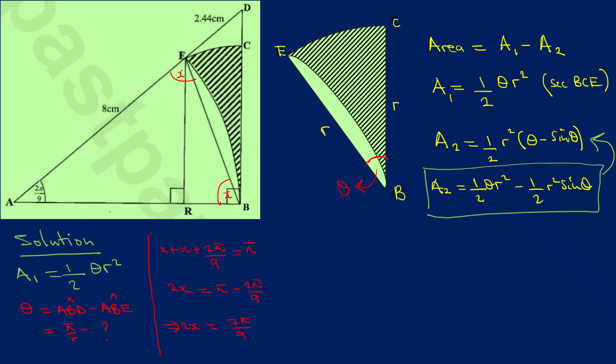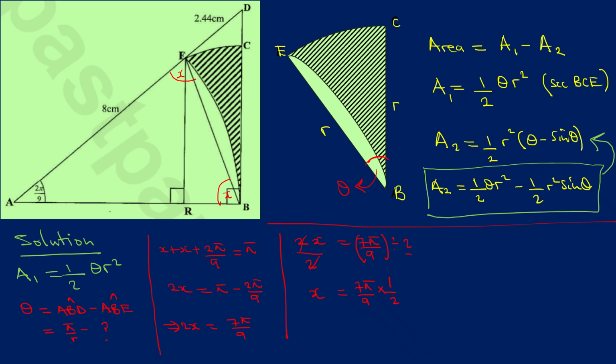Then you are going to divide both sides by 2. So 2x is equal to 7 pi divided by 9. We are saying divide this side by 2, then also this other side divided by 2. So the 2 divides. Our x is going to be equal to 7 pi divided by 9 multiplied by 1 divided by 2.